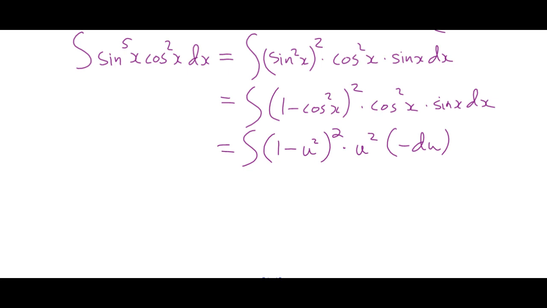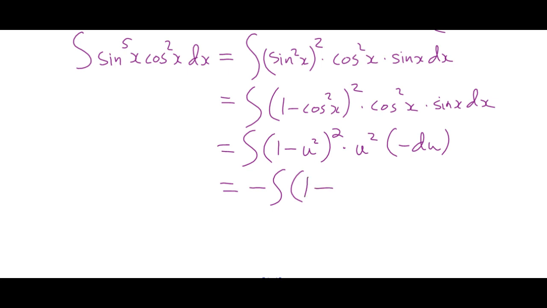All right, so now we can move the negative sign out front, and we can combine what we have here. So negative, the integral of, okay, what's 1 minus u squared, squared? 1 minus 2u squared plus u to the fourth, right?